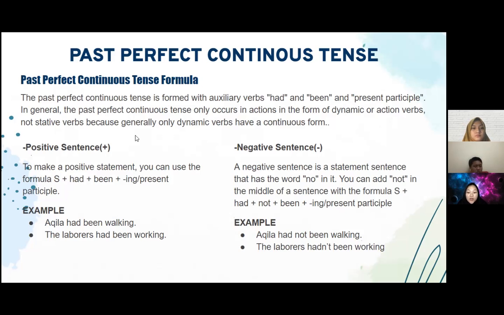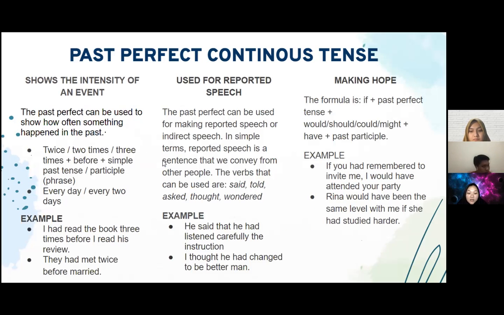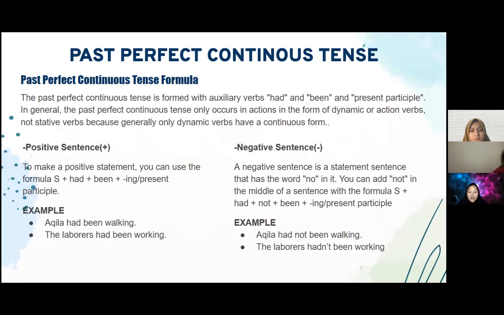You can add not in the middle of the sentence with the formula subject plus had plus not plus been plus verb-ing or present participle. Example, Akila had not been walking, and two, the laborer had not been working.